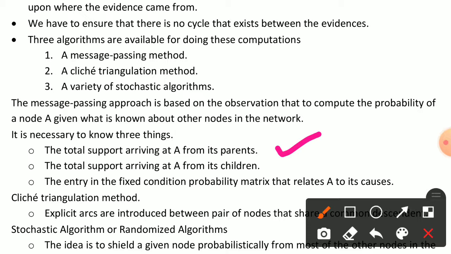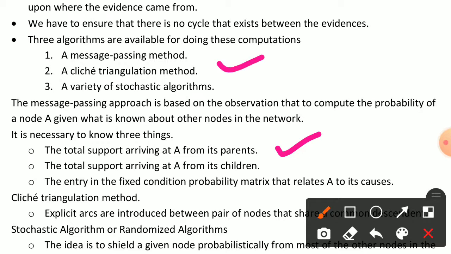We can find out all things. And third is the entry in the fixed conditional probability matrix that relates A to its parents and children. And then we can fix one condition, and then we can find out the probability matrix, and we can find out all of them, okay. This is the first, message passing method.